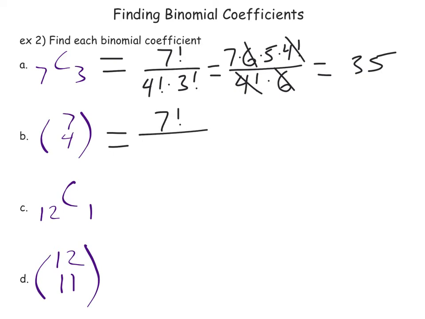Now watch what happens here. Notice I'm now switching over to 4. Here r was 3, here it was 4. 3 plus 4 is 7.